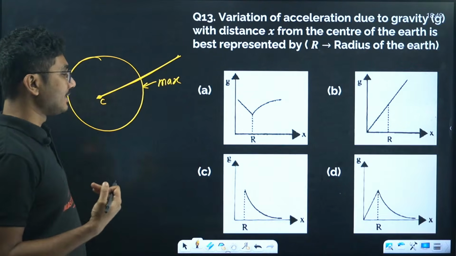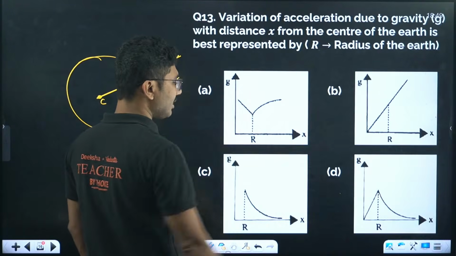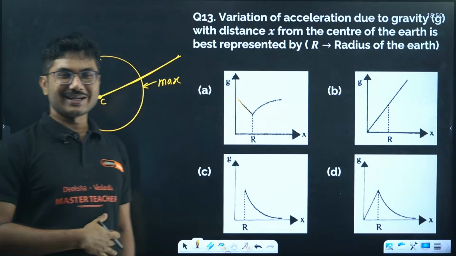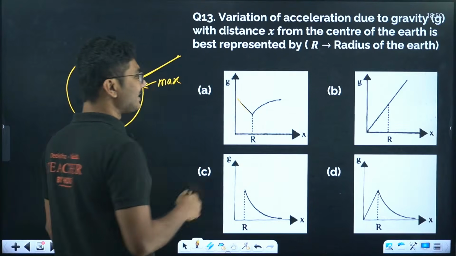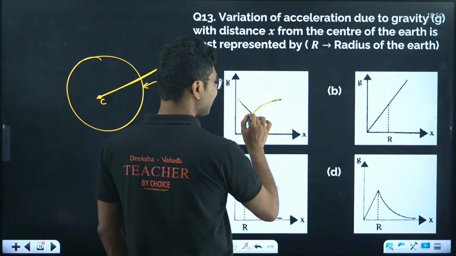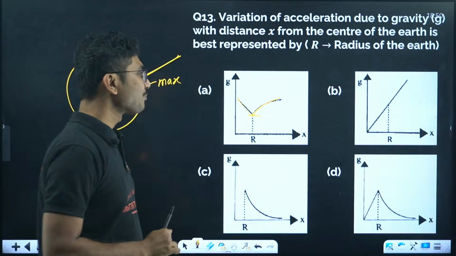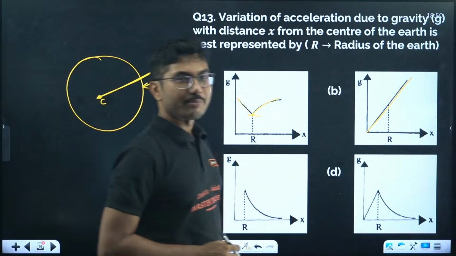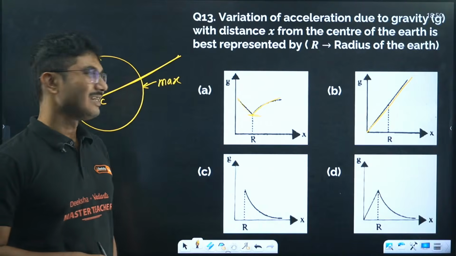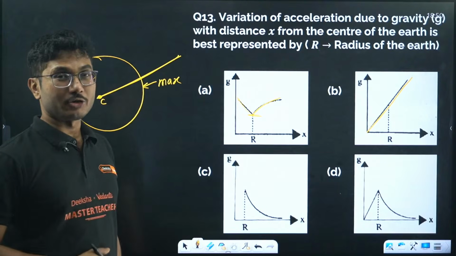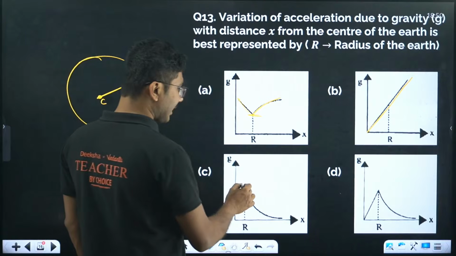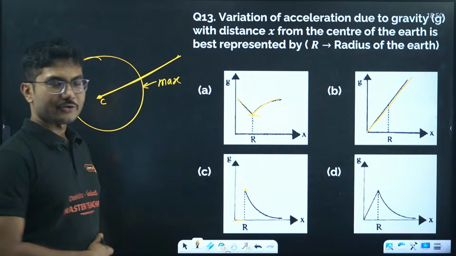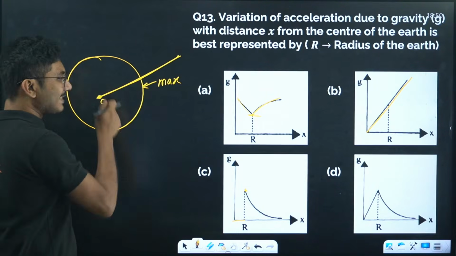From this graph, it is clear that it shows gravitational acceleration more inside and more outside but minimum on the surface, which is wrong. This graph keeps on increasing, which is also wrong, because gravitational acceleration is maximum on the surface. Here it shows it is maximum on the surface, but there is nothing inside. Gravitational acceleration inside the earth is not 0.